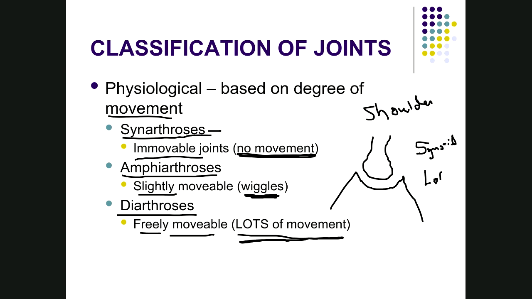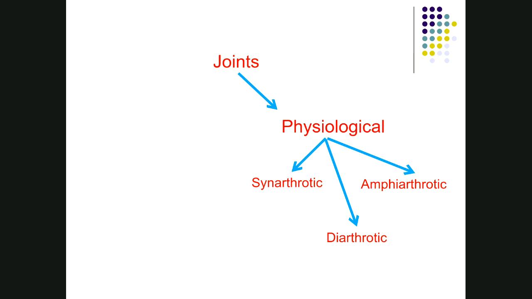And since there's lots of movement, it is diarthrotic. So it's a synovial joint and it's diarthrotic. Again, you can do that with any joint in the body. So there's our three classifications based on movement.